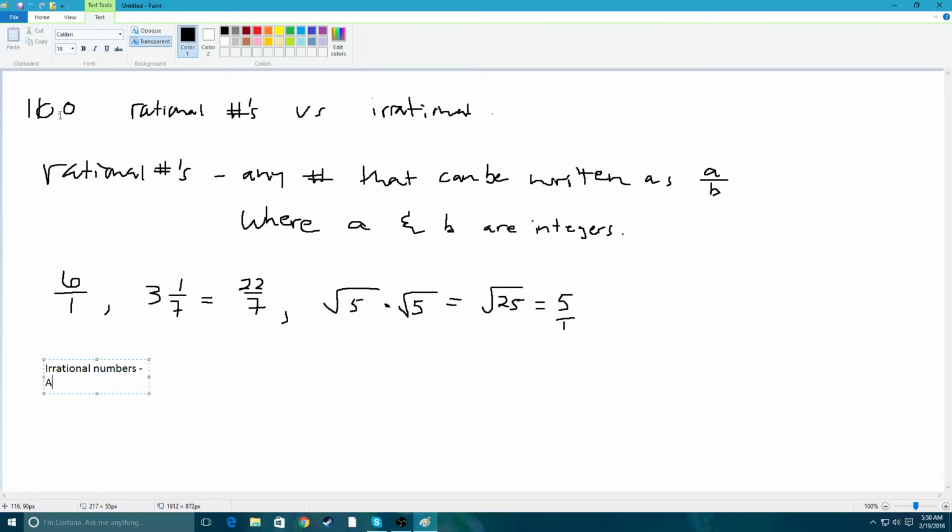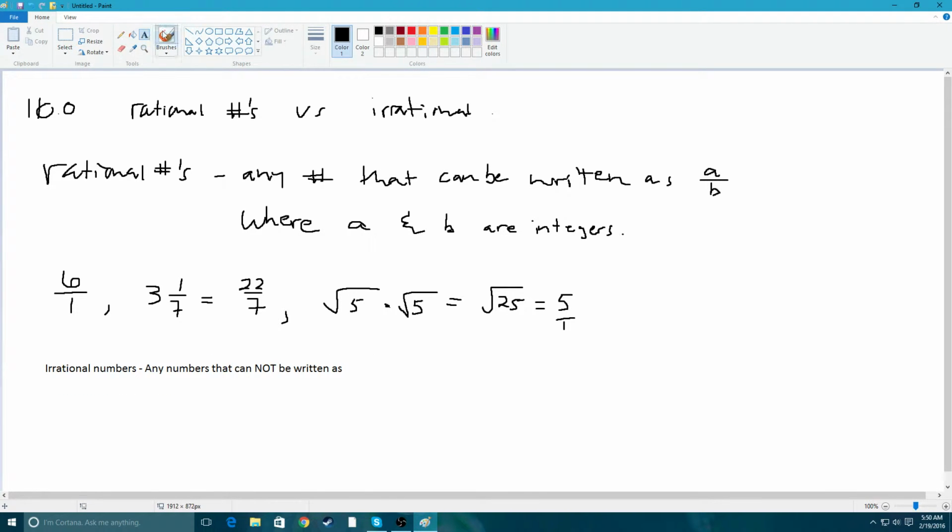Irrational numbers are any numbers that cannot be written as A divided by B. Any numbers that cannot be written as A divided by B.